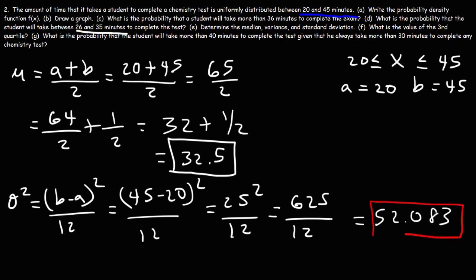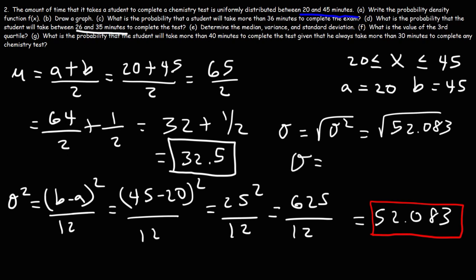So that's the variance. Now the standard deviation is simply the square root of the variance. So it's going to be the square root of 52.083. And so the standard deviation is 7.217. So that's it for part E.